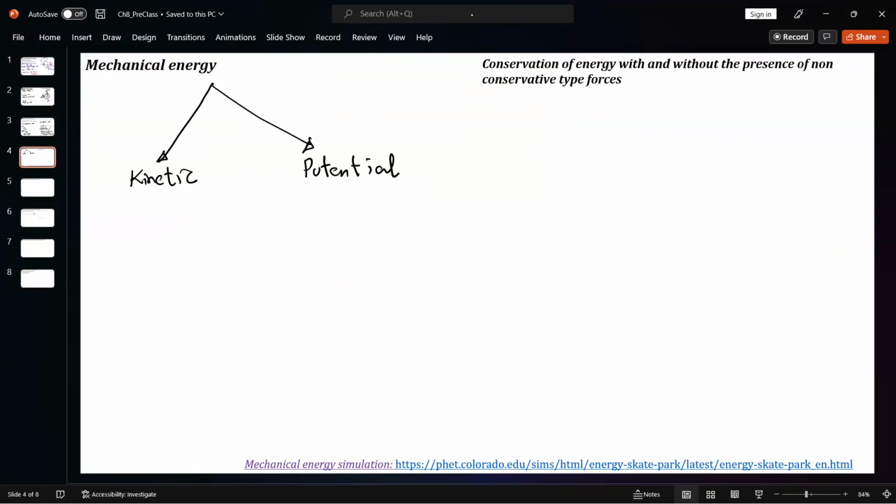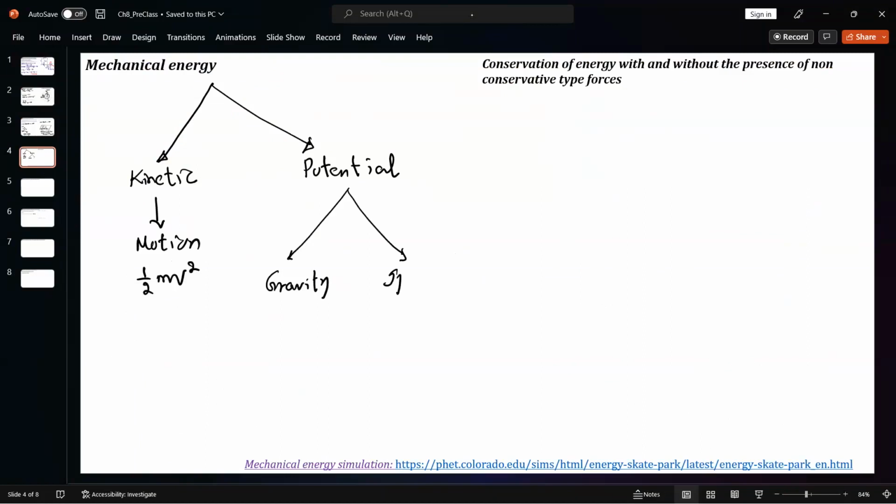Kinetic energy is due to motion, which is 1/2 the mass of the object times velocity to the power 2. The potential energy itself can be categorized into two types: one is due to gravity, the other one is due to the elastic property of the object.